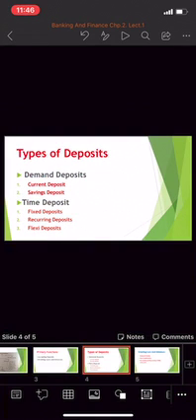Then next is the recurring deposits. Recurring deposit is a category of deposit which is midway between saving and fixed deposits. The rate of interest paid on this deposit is higher than that of a saving account and less than that on a fixed deposit account.